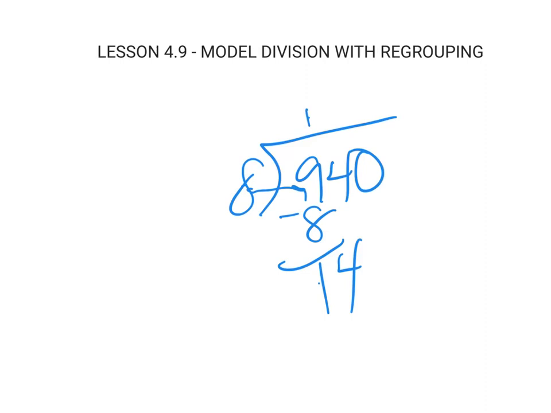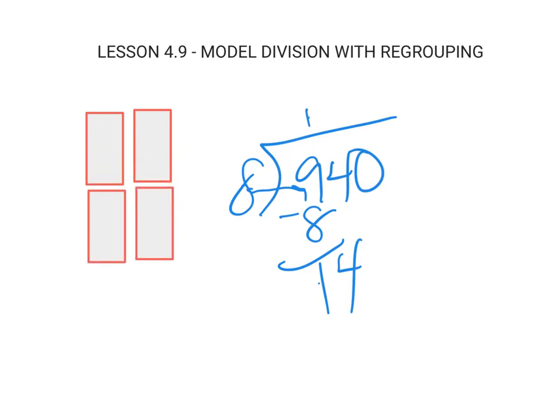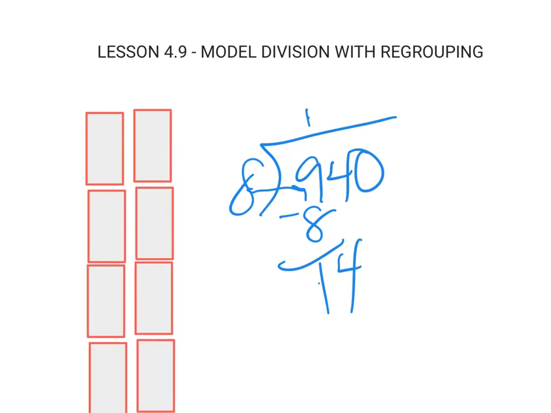But if I were going to draw this, which I could, I'll draw 8 jars or something. It's a cool tool, the copy tool. 8. And then I have 940.